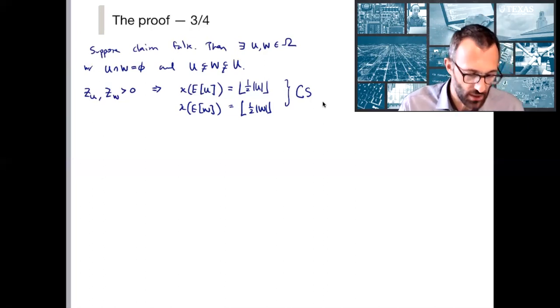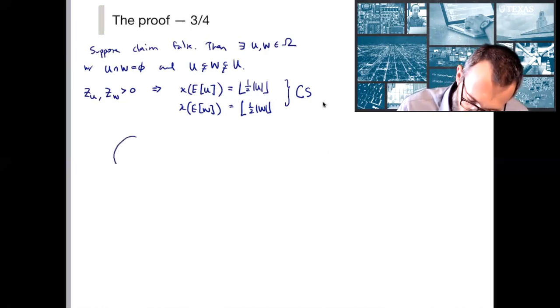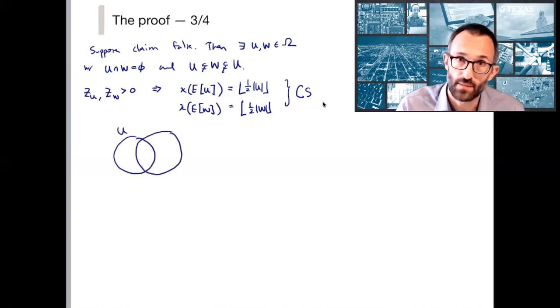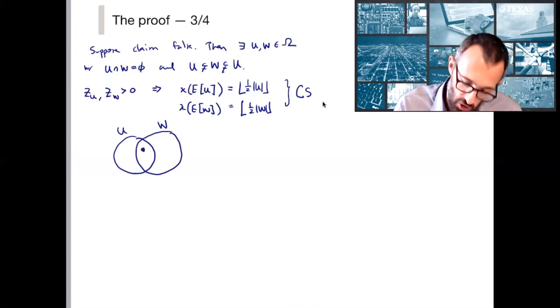So let's look at what U and W look like. So here is U. Here is W. This is what we want to disprove is the case. We're saying they're not nested, and there's at least one element in the intersection.